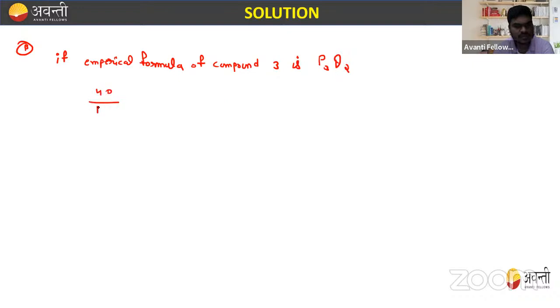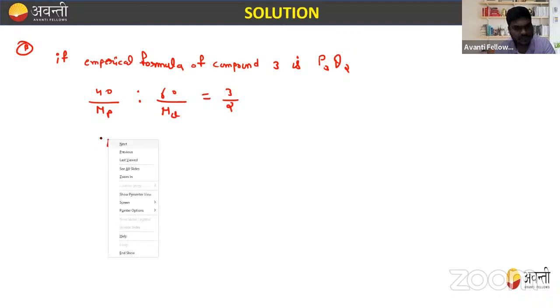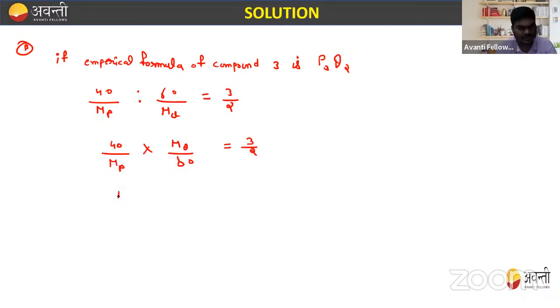It means that 40 upon MP over 60 upon MQ is equal to 3 by 2. So we can calculate here MQ upon MP is equal to 9 by 4.